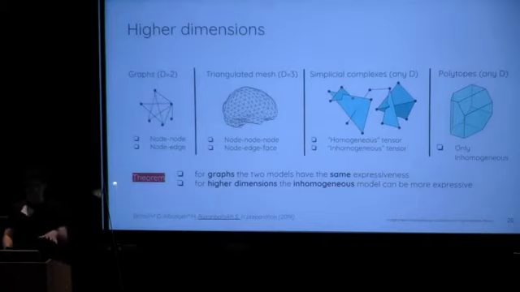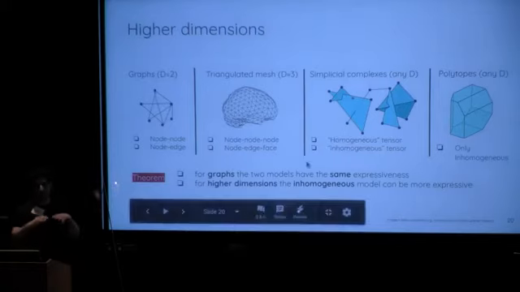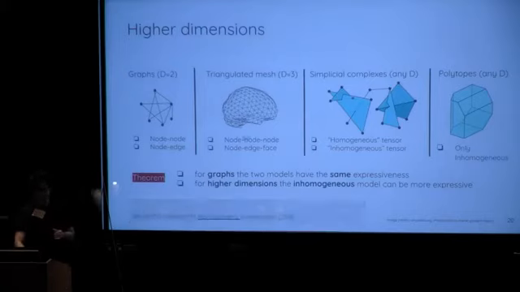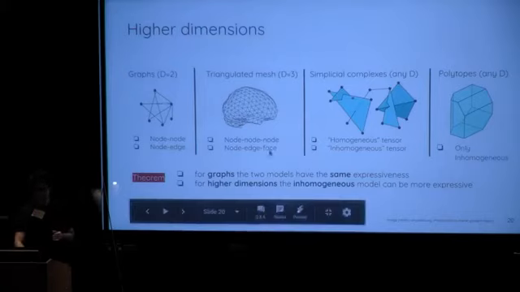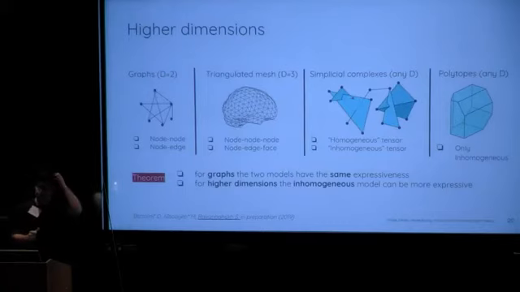For the case of graphs, we can show that both models have the same expressiveness up to a change in the number of channels in our deep model and the number of layers. But as we go to higher dimensions, this inhomogeneous representation that looks at the interactions of faces of different dimensions, like the node-edge-face interaction in a mesh, has a better expressive power. That needs to be made more accurate; I'm just giving you a short version.